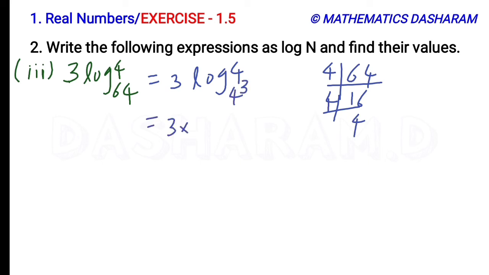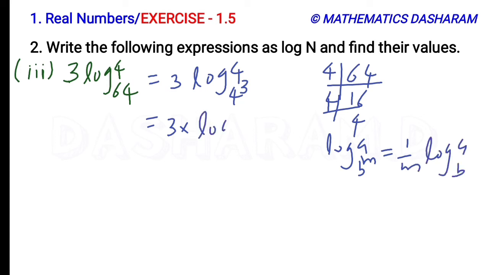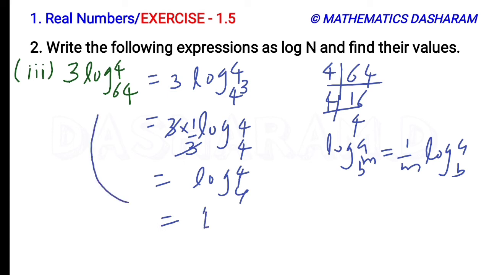So 3 into, here log a base b to the power of m equals to 1 by m into log a base b. So then 1 by 3 into log 4 base 4. Here 3 3 cancel. Then log 4 base 4, answer is 1. So the answer is 1.